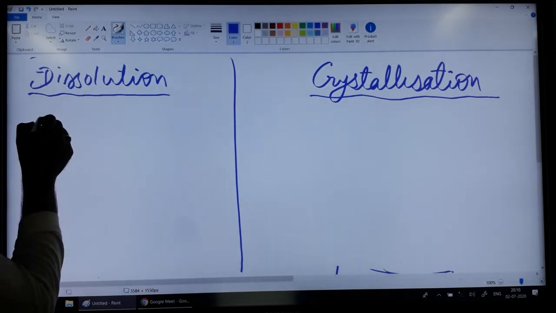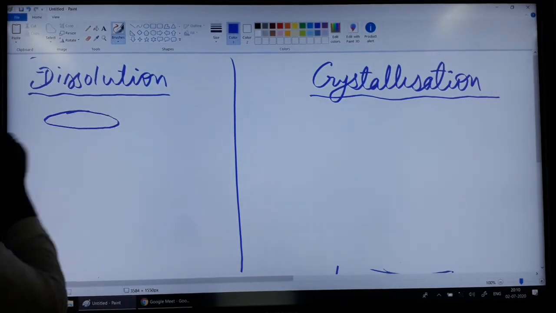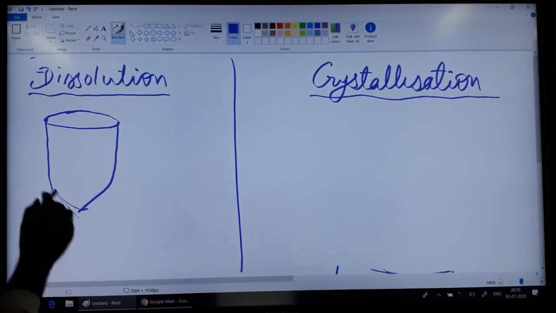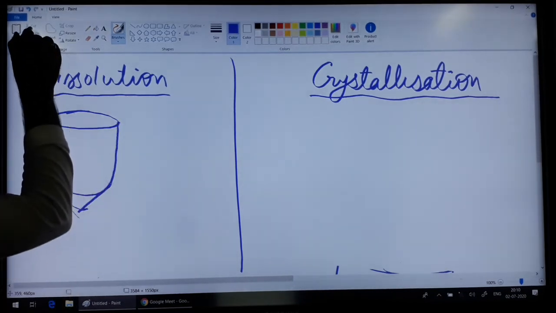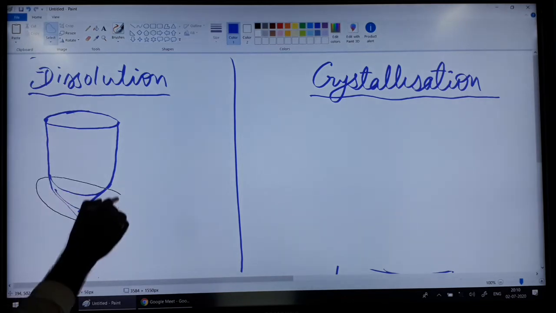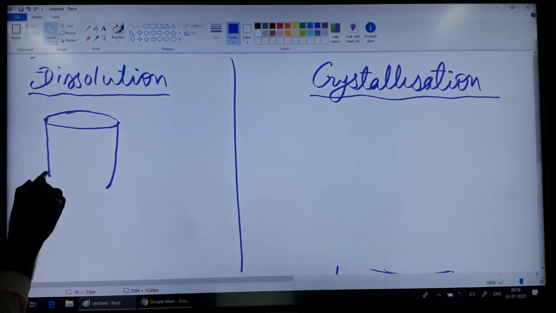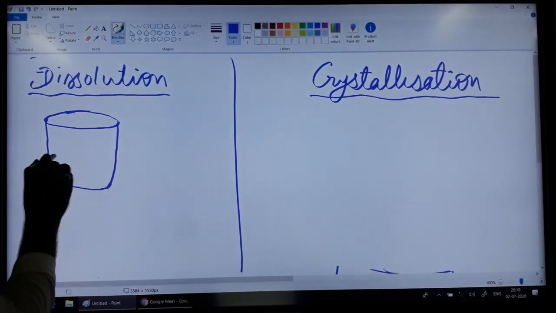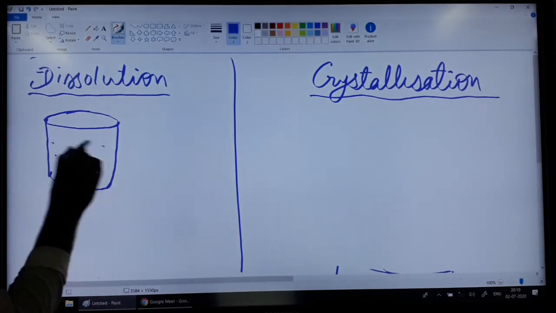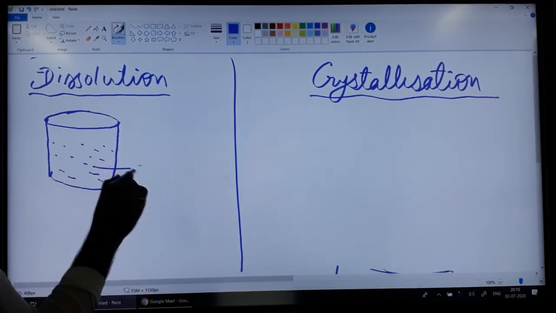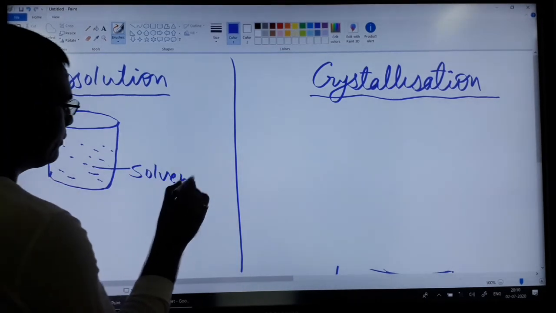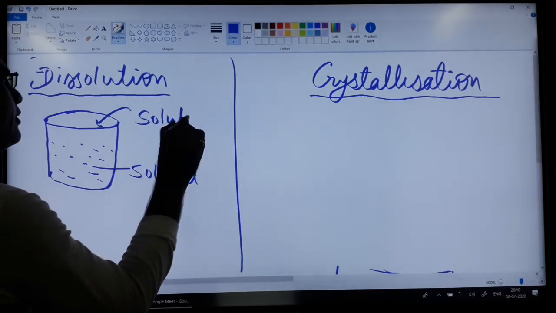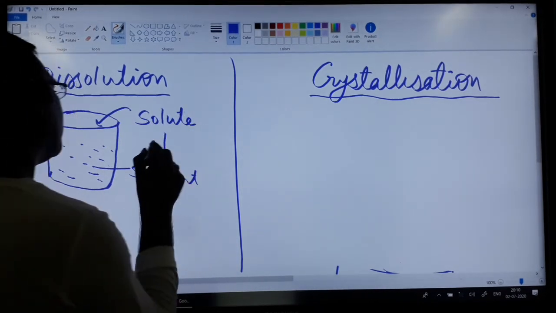Simply, if you dissolve some amount of a solute in a solvent, here you have already solvent, and if you are adding here solute and it is soluble, then what happens?